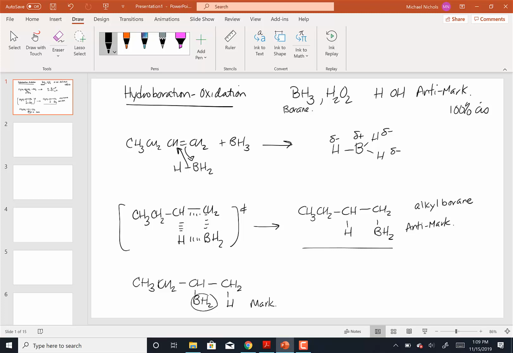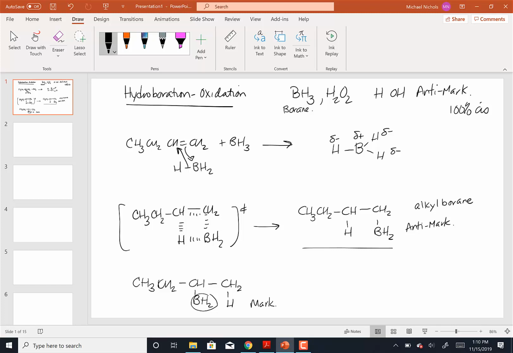Now, the issue here is, if you look at this, you might say, but this is a pretty small group. So how is this that much less sterically hindered than this one, so that you basically get like 100 to 0, that you get exclusively anti-Markovnikov?